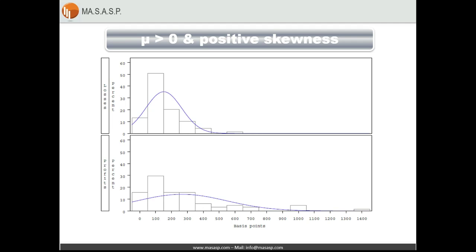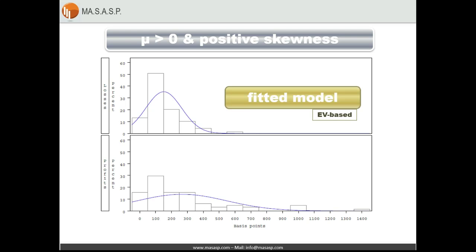An expected value-based fitting delivers both benefits. It preserves the positive skewness provided by the trade construct. It assures at the same time an expected value bigger than 0.